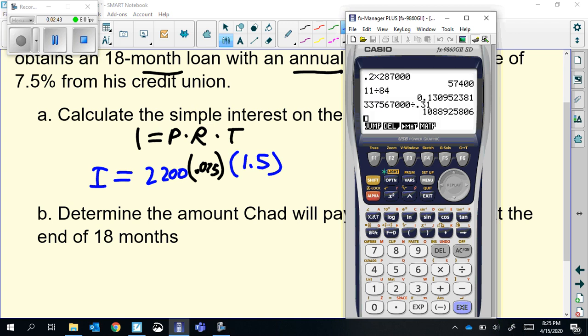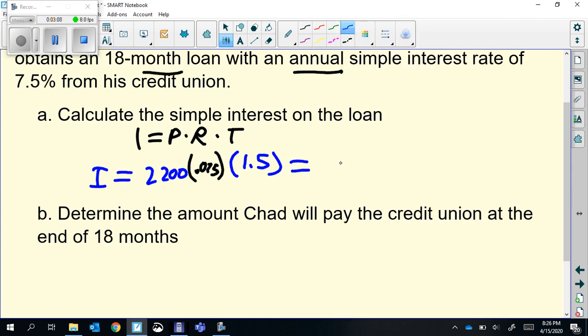So on our calculator, we need to do 2,200 times 0.075, and then times the 1.5 years. So the interest on that will be $247.50.